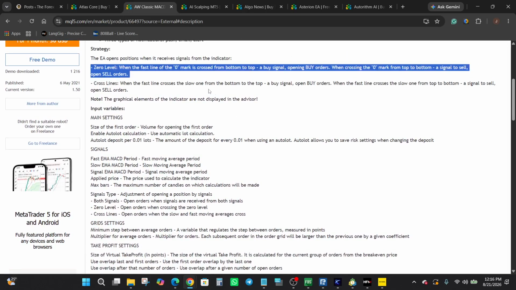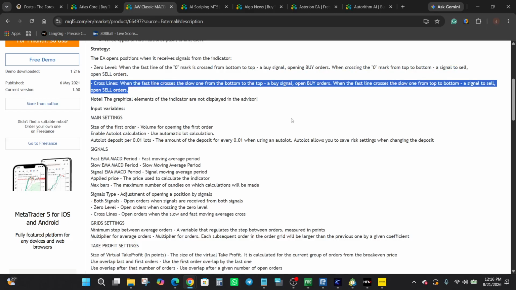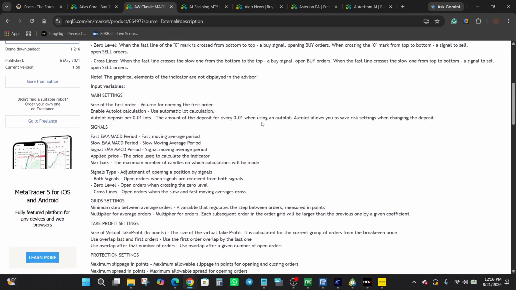All right, so the second is the cross lines signal. Here, a bullish signal occurs when the fast line crosses the slow line from below, while a bearish signal occurs when it crosses from above. Okay, so the EA can use both signal types together, or the trader can select either zero level or cross lines individually.